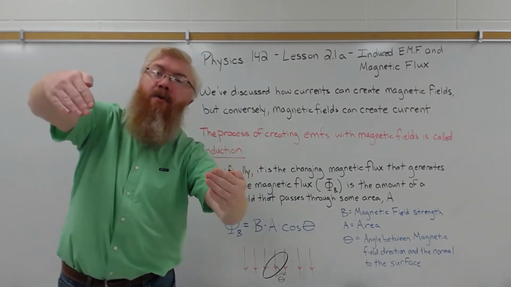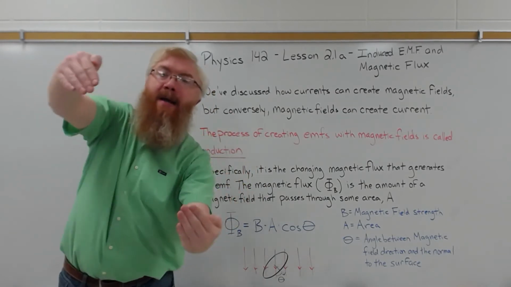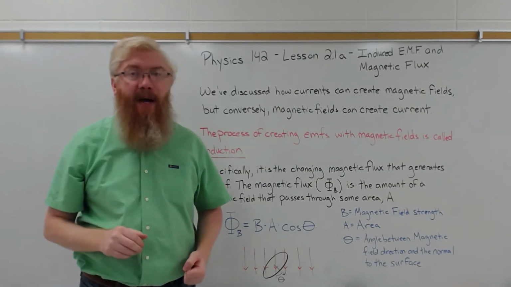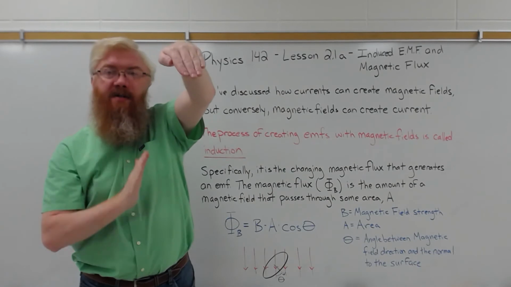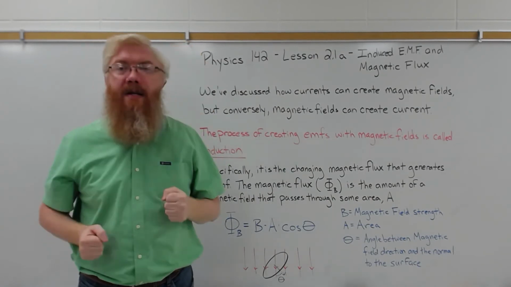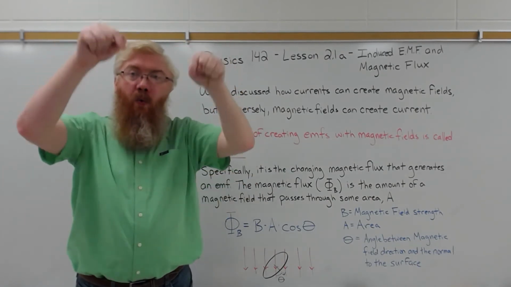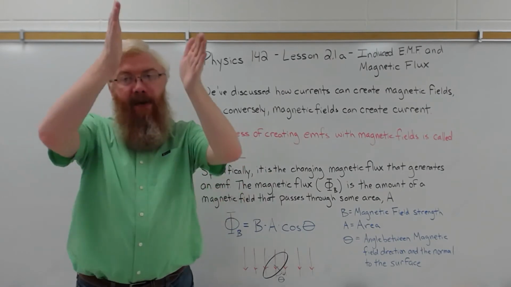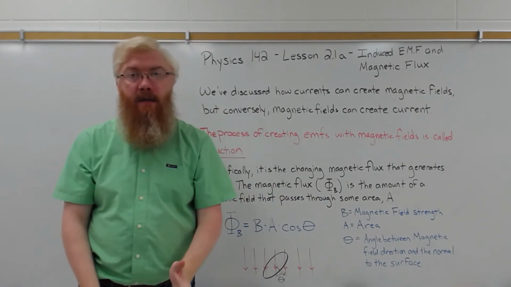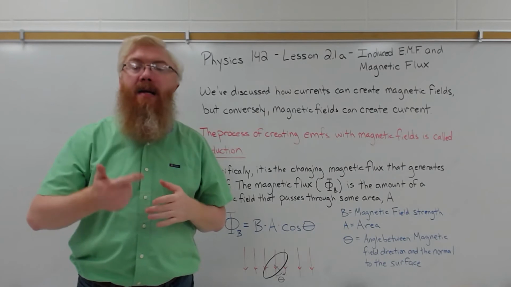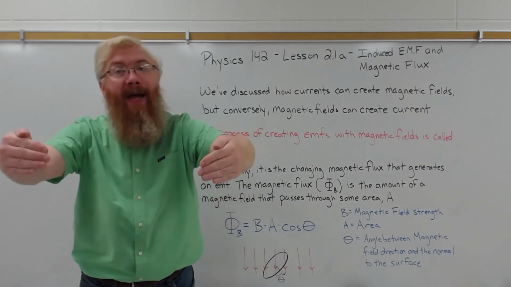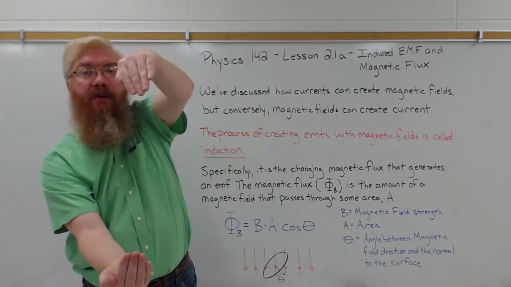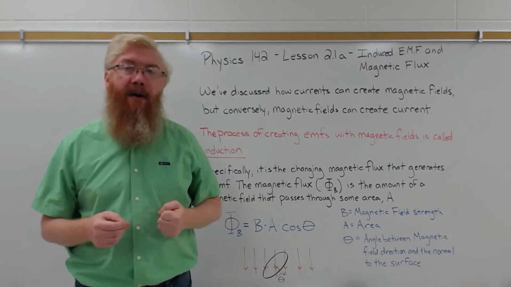As I turn the hula hoop and put it at some angle with respect to the direction of the rain, say a vertical hula hoop, where the surface is oriented vertically, no rain passes through the hula hoop. It passes in front of and behind, but the area in the middle gets no rain passing through it. So that goes from a maximum rain flux to zero rain flux through that area.